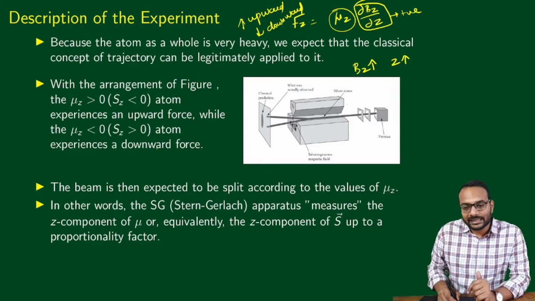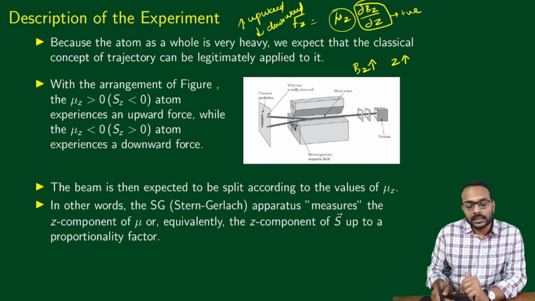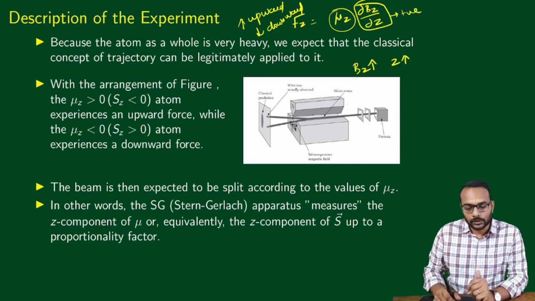When mu z is greater than 0, the atom experiences an upward force, while when mu z is less than 0, the atom experiences a downward force. So mu z greater than 0 corresponds to Sz less than 0, as we said earlier, and mu z less than 0 corresponds to Sz greater than 0.